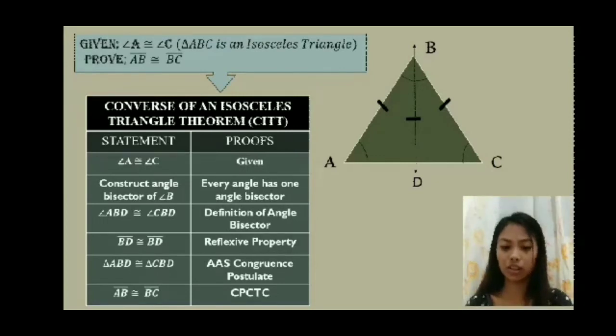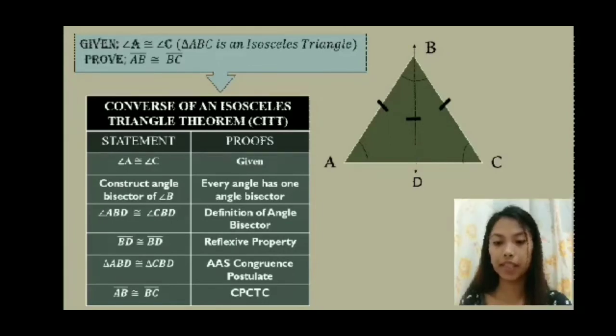As we can see on the illustration, we have angle, side. Therefore, triangle ABD is congruent to triangle CBD using the angle-side congruence postulate. Therefore, segment AB is congruent to segment BC using CPCTC, which proves that they are congruent, since triangle ABD is congruent to triangle CBD.